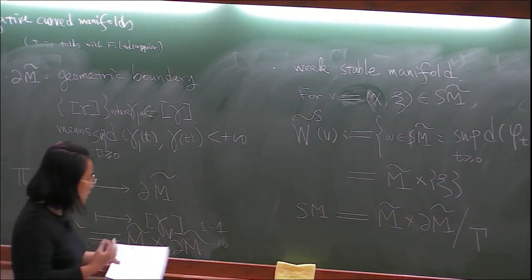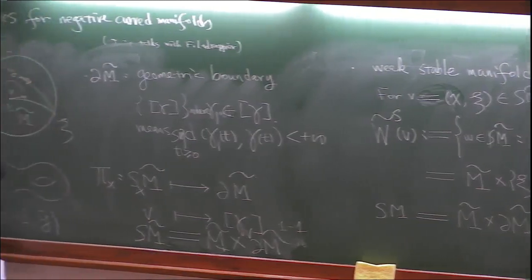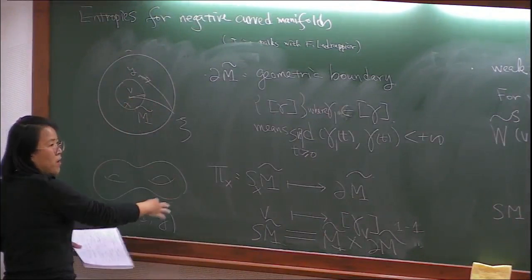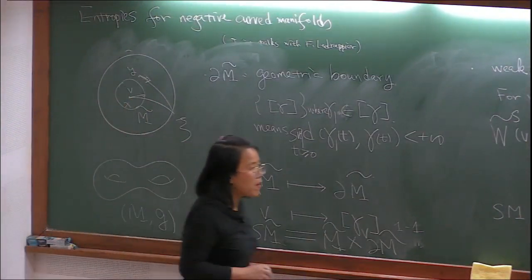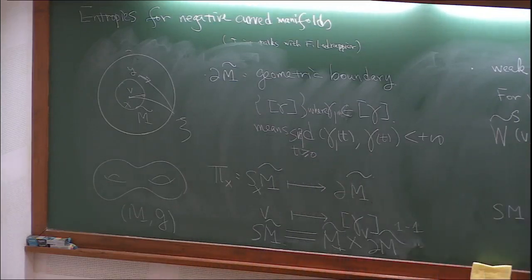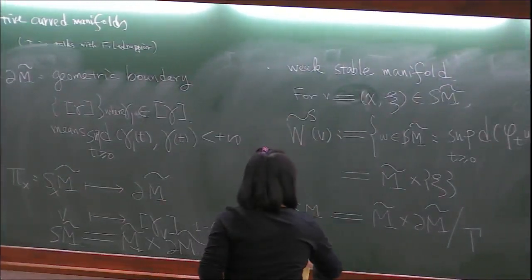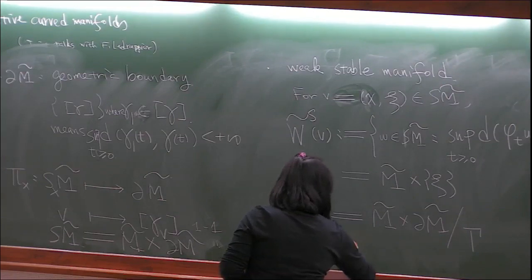So this picture will always help because many times you will go upstairs to see things more clearly, and then you will apply ergodic theory downstairs, because here you are in the compact case. SM, and so this weak stable manifold is also a downstairs object.